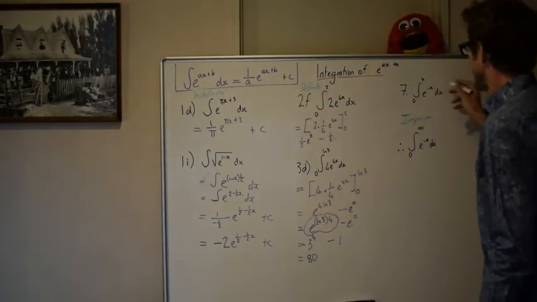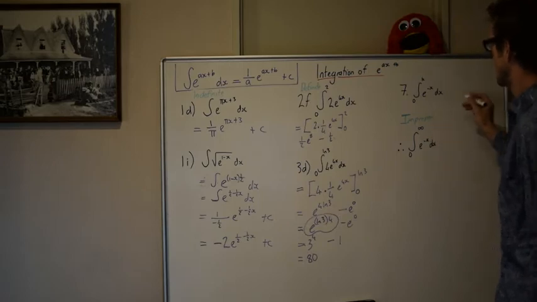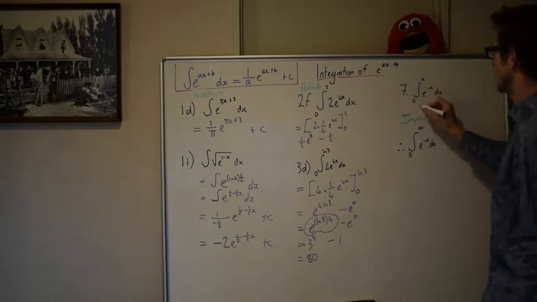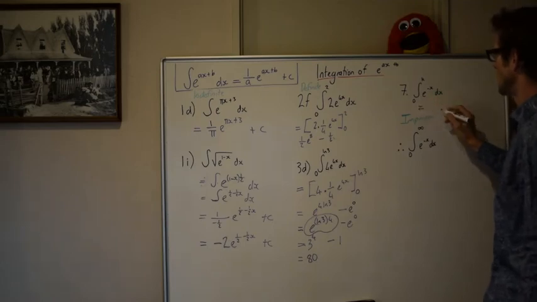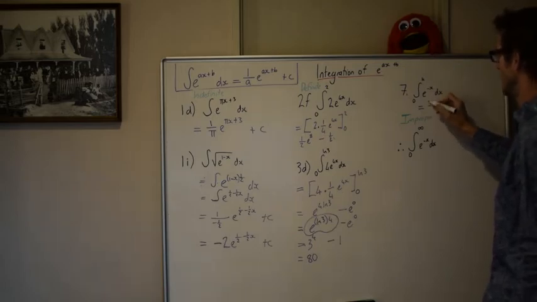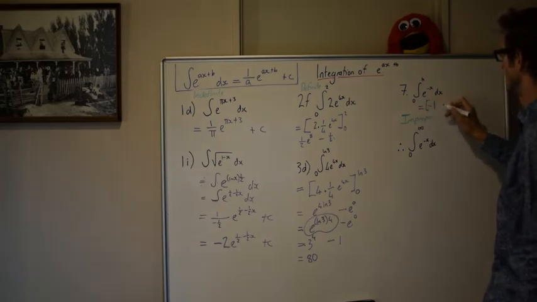Next one, here, this is number 7. It starts off with something fairly simple. We've got to first say what this will equal. So it will be simply minus 1 over 1, so just minus 1. And we probably put our big brackets around here. E to the minus x, and we're going from 0 to k.